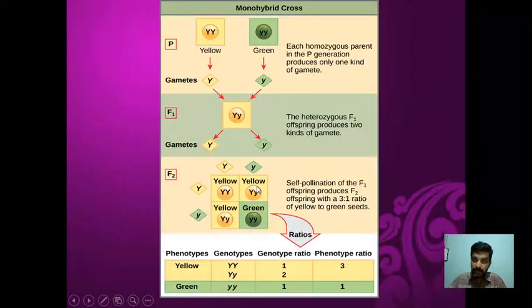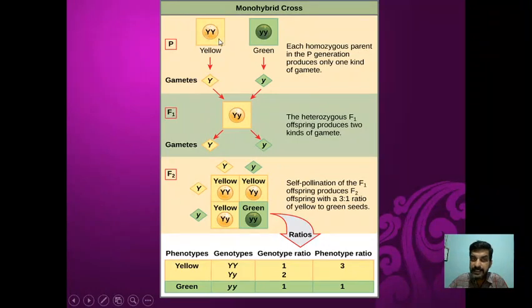Then the same monohybrid cross is carried out for other traits also, where we have taken one more example. Suppose the color of the seeds: yellow is dominant over green, and as usual by convention yellow color is assigned capital Y, and the green color is referred to with small y.